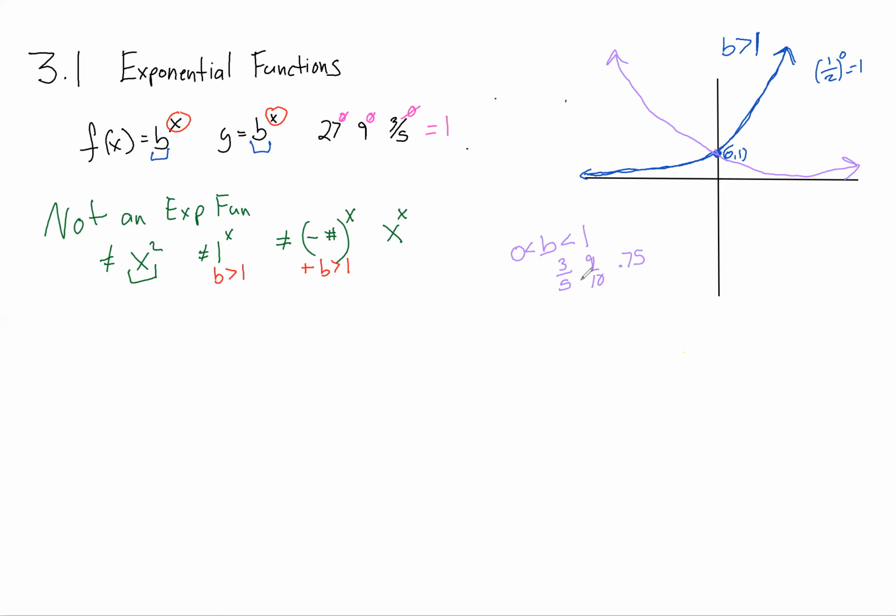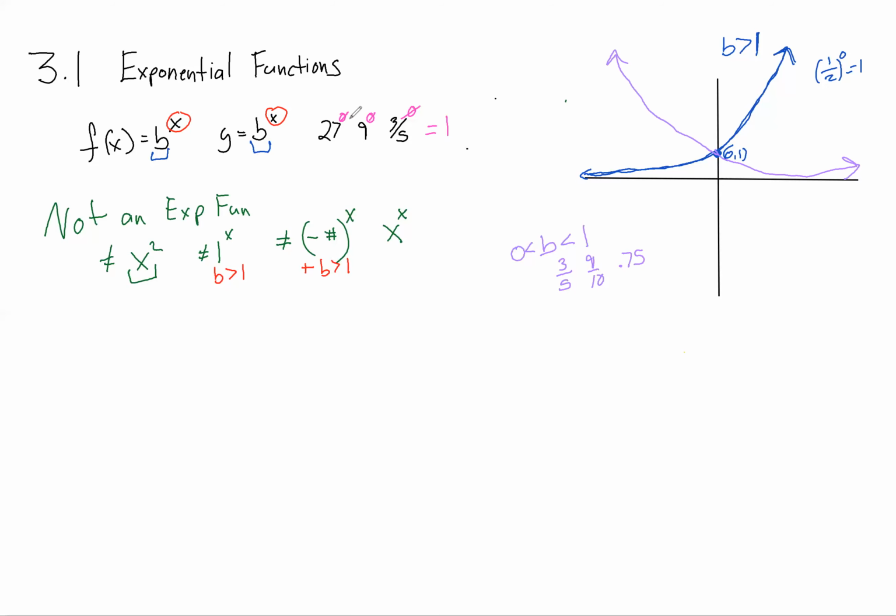So the numerical value for our base will determine what our parent function looks like for the exponential functions. In the next video, we'll talk about the transformations of exponential functions. But just a quick recap: an exponential function is anything that has a base and the variable is the exponent.